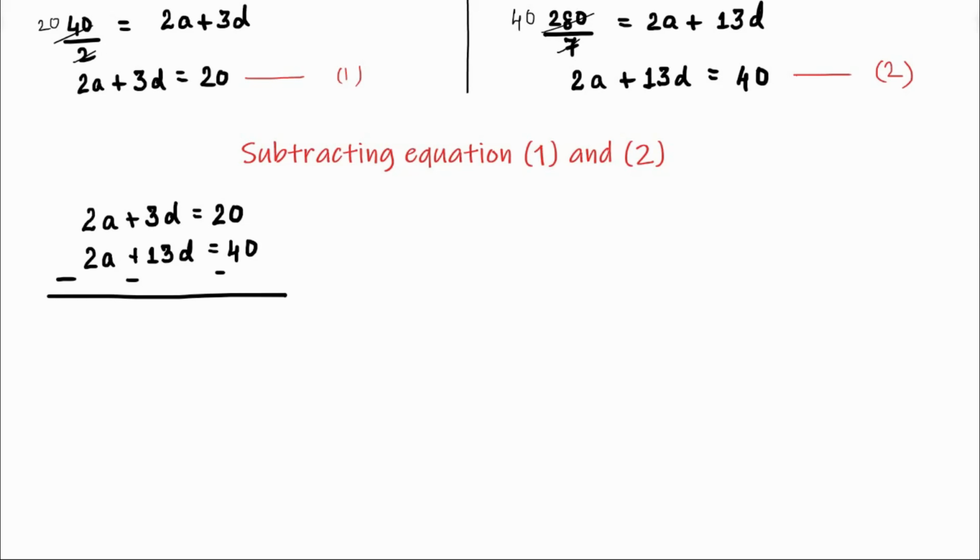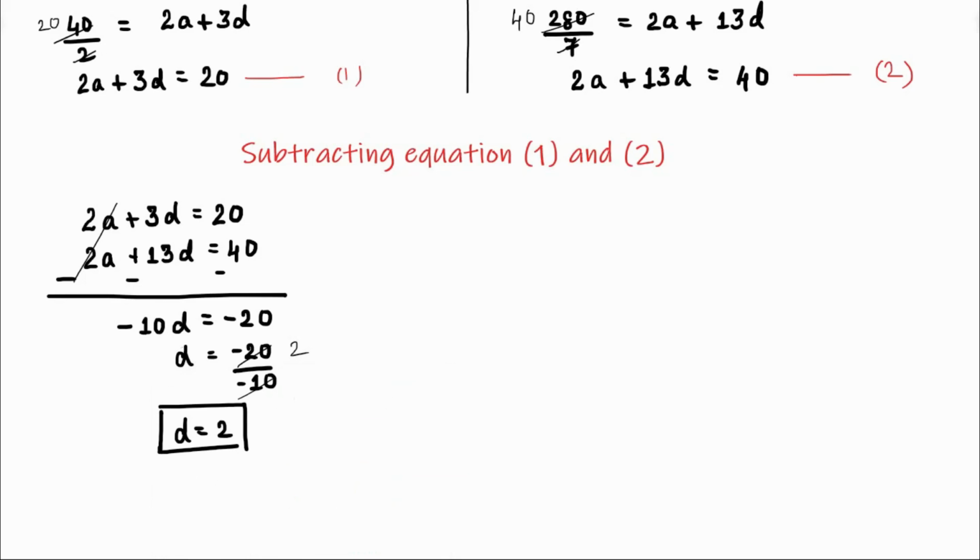So 2a minus 2a cancels out and we are left with minus 10d equals to minus 20. So the value of d becomes minus 20 by minus 10, which is equal to 2. So the value of d, which is common difference, is 2.